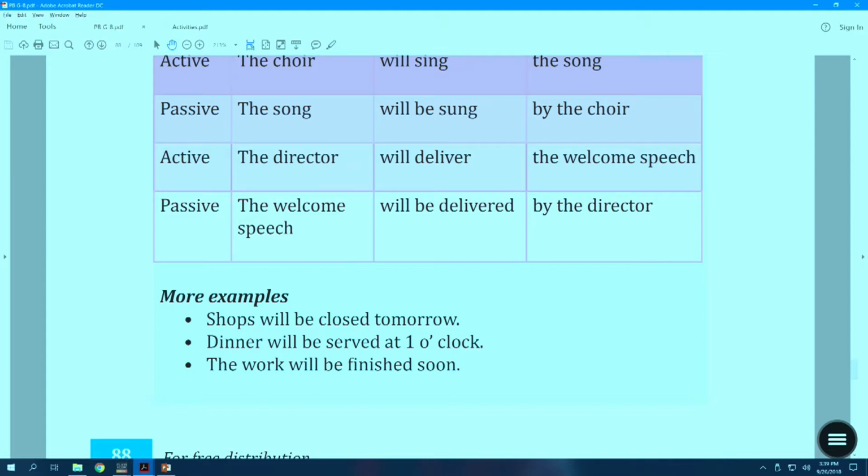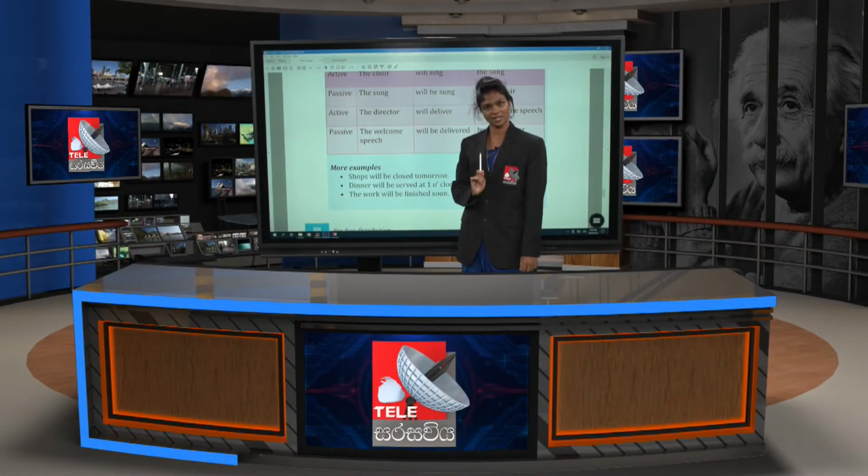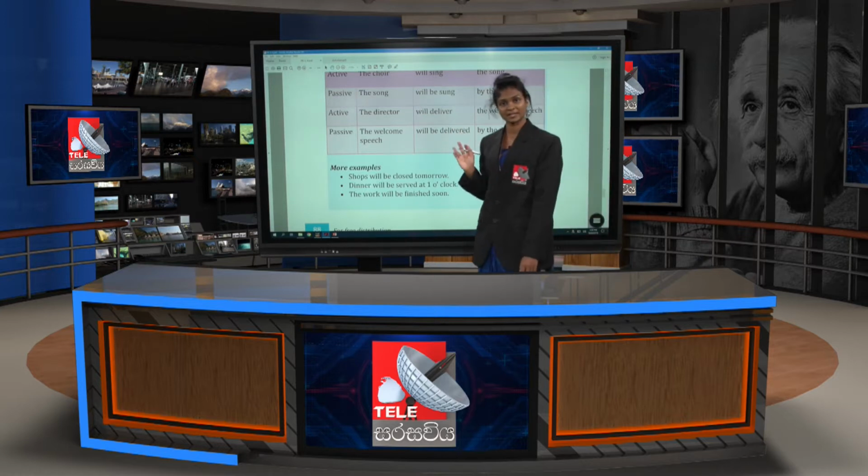And the person's action appears next: will deliver the welcome speech. You can identify the object, then you have to take this object to the front. In passive, the welcome speech will be delivered by the director.